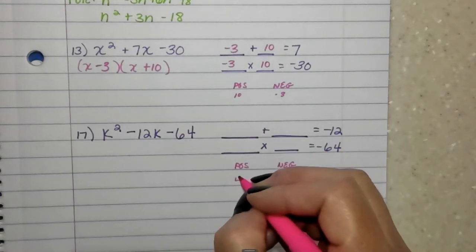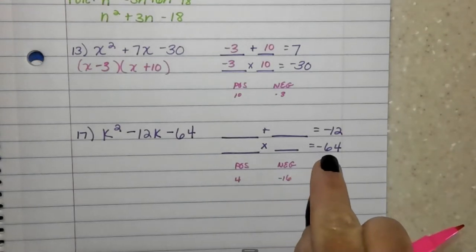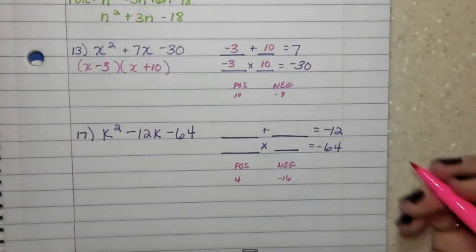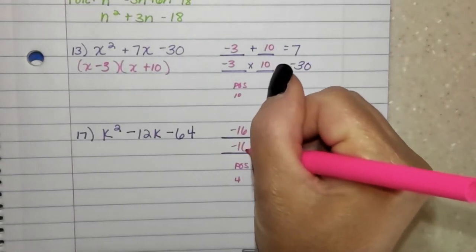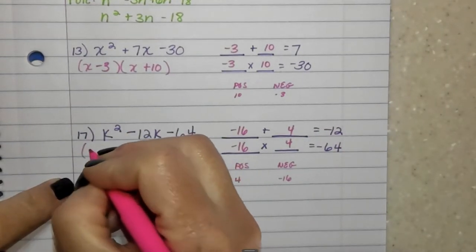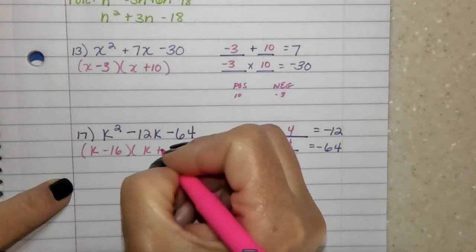It's going to be a positive 4 and a negative 16. Because if you multiply those, you're going to get negative 64. And if you combine them and add them, you're going to get a negative 12. So it's a negative 16 and a positive 4. Do you see why this is called the long way? It just takes some thinking. K minus 16 and K plus 4.